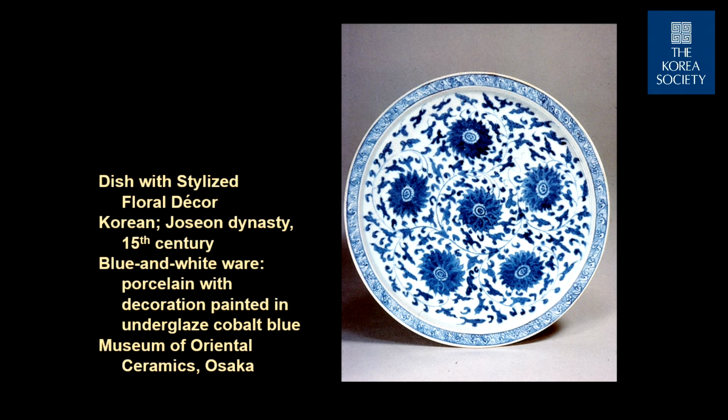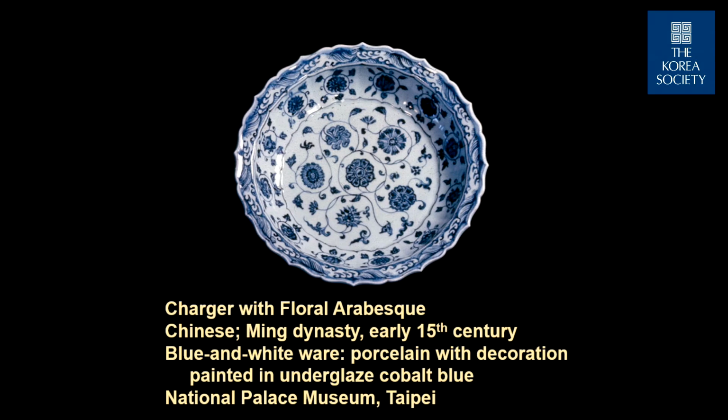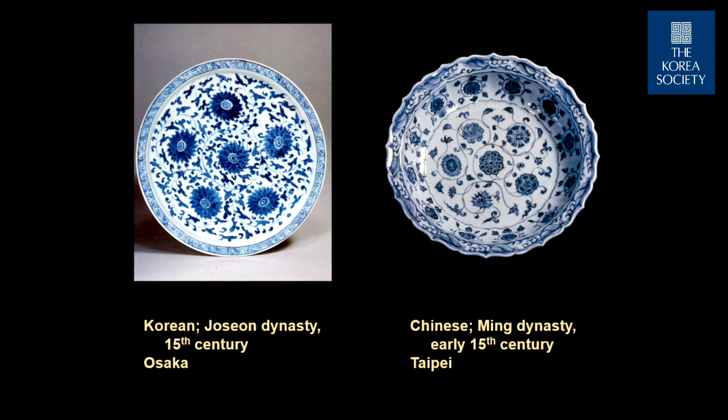Now, the Chinese had a head start on producing blue and white ware. This is an example of Korean 15th century blue and white ware. This is the Chinese model on which it's based. The Chinese began to produce blue and white ware in the Yuan dynasty in the mid-14th century. The Koreans didn't really begin to produce blue and white ware until the 15th century.